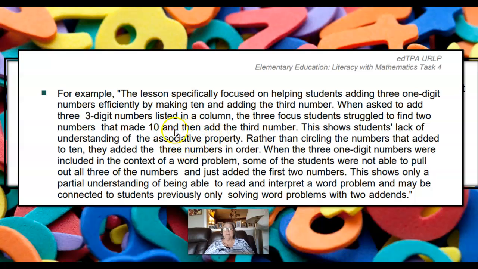So what's the mathematical concept being missed here? And then they explain, rather than circling the numbers, they added the numbers. So you can see that there's quite a bit of explanation about what's been observed, your analysis of that. This shows only a partial understanding of being able to read and interpret a word problem.